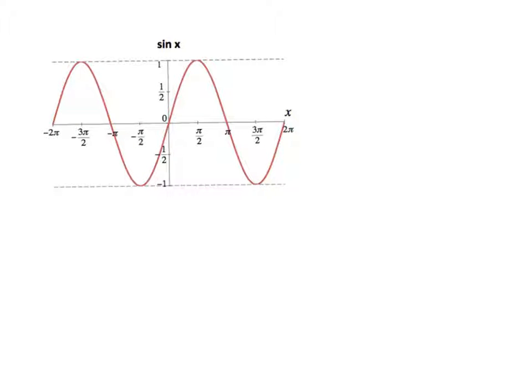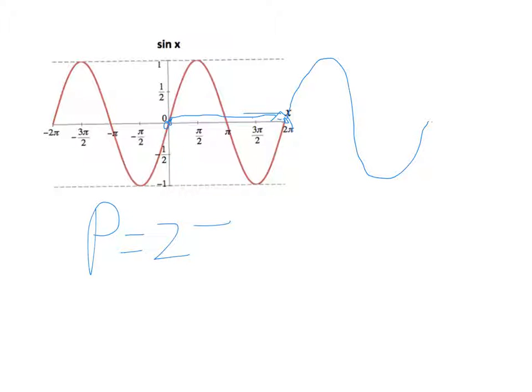If you look at the sine function, pick a point on the graph, say where it crosses the x-axis, and you notice you have to go a distance of 2 pi before it crosses again, and then it just keeps going on and on. Or you have to go 2 pi before it crosses again while going upward. So the period would just be 2 pi.